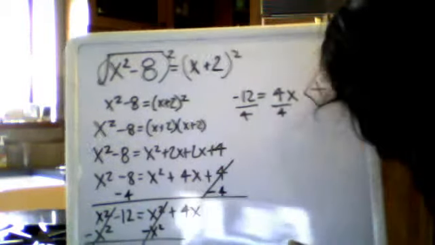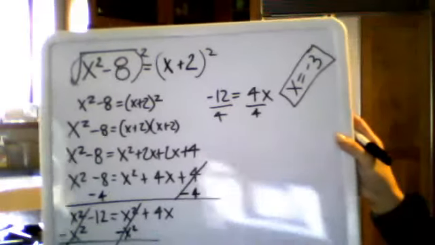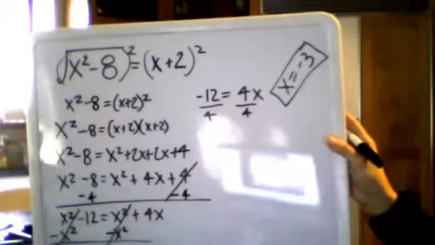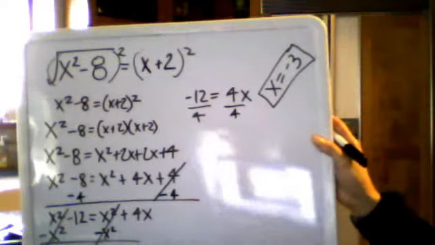Now for these problems you are always going to have to check because you have something under a radical, and so you can just go ahead and plug your negative 3 in for your x. I'll show you.